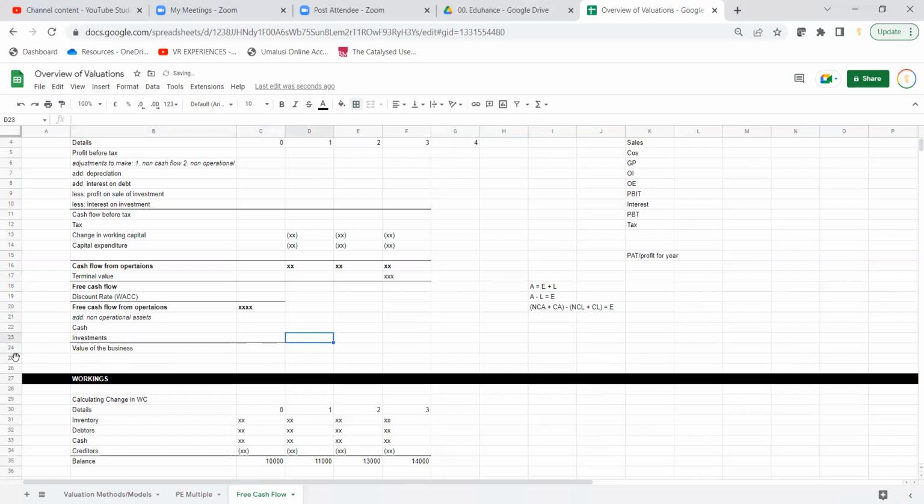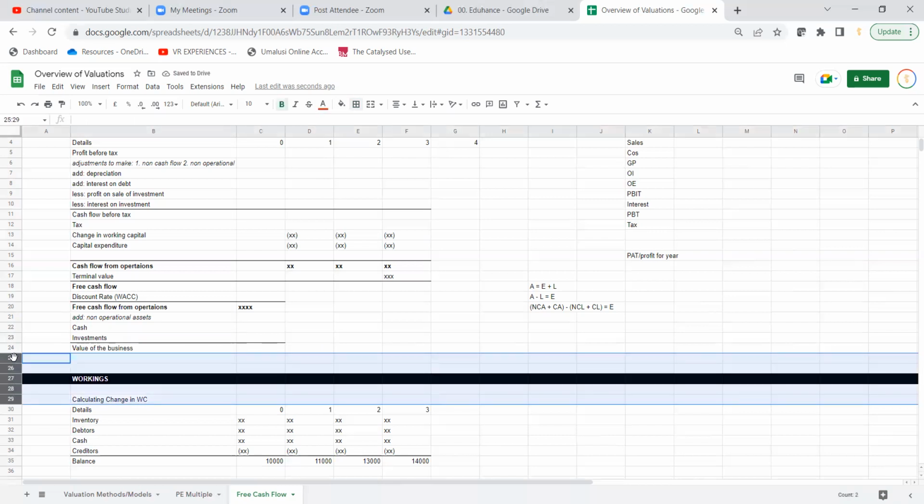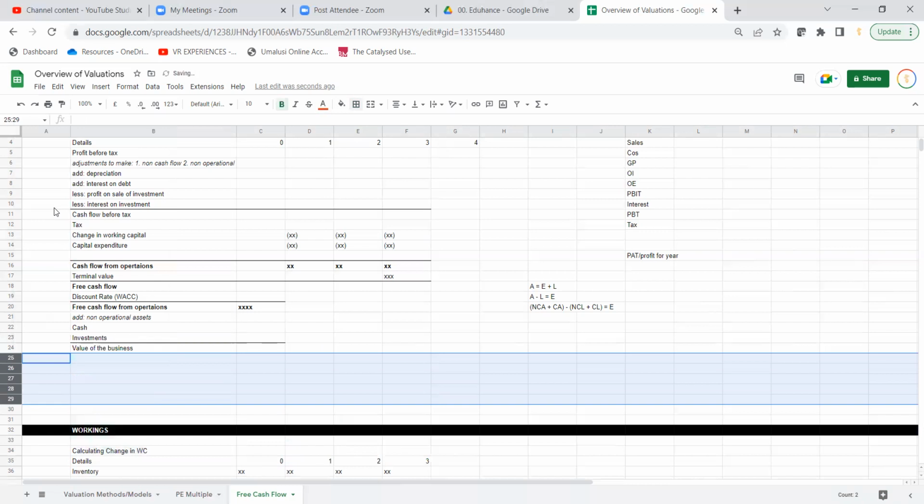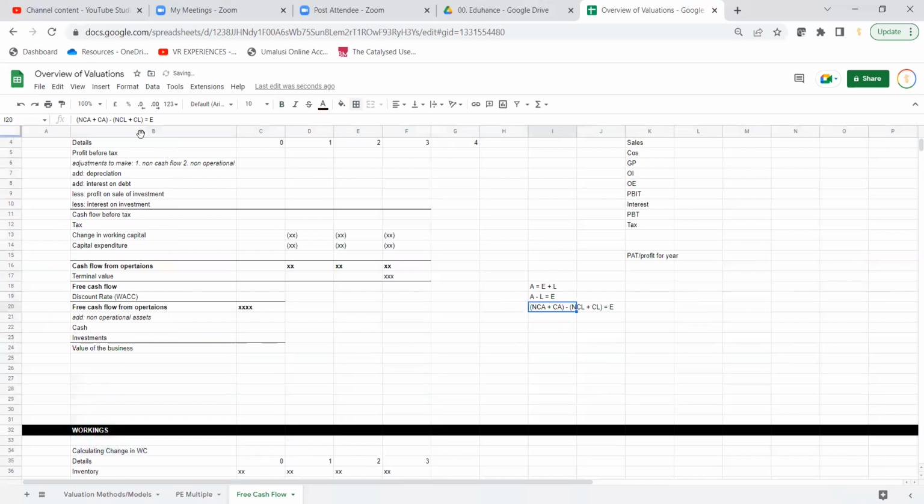The value of the business has now captured all non-current assets, all current assets, and all current liabilities. So all we have to do is say less non-operational debt. So that's your non-current debt.